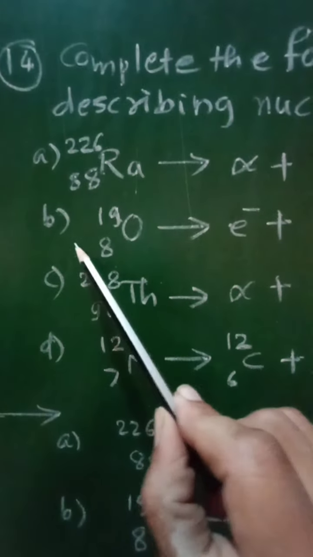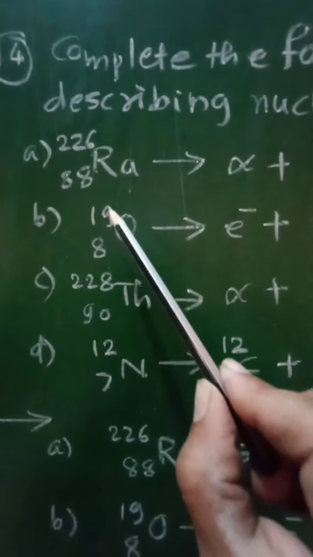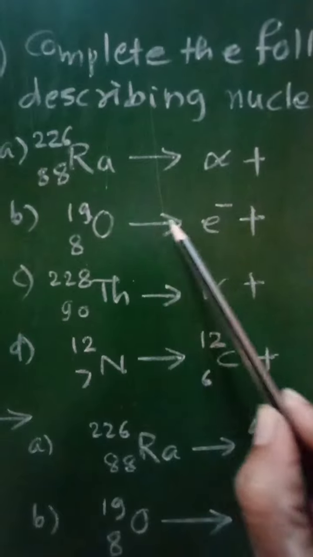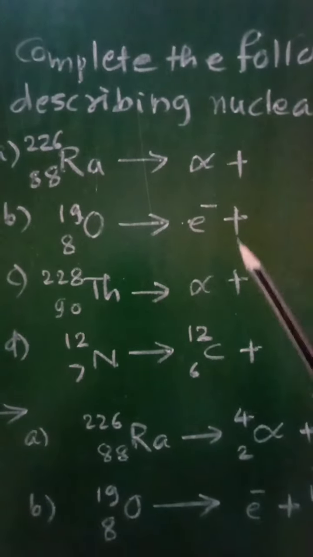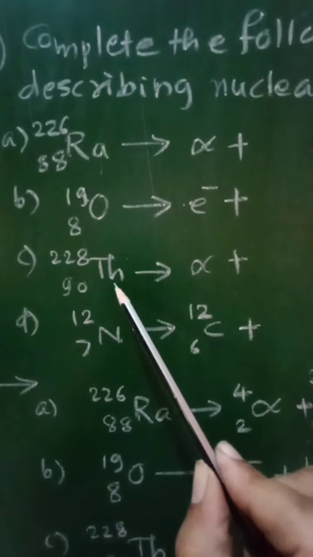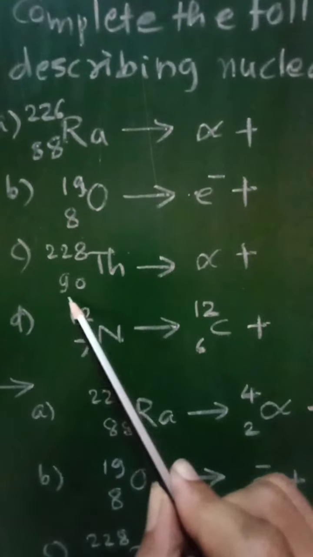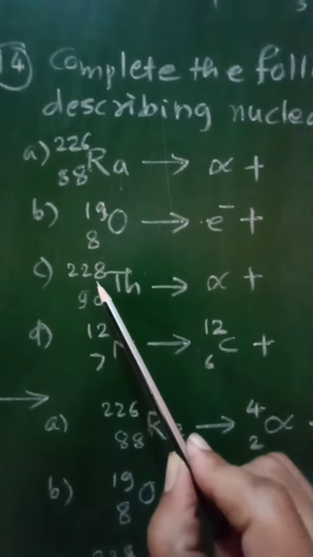For the second, oxygen O, having atomic number 8, mass number 19. When it undergoes decay, it gives 1 electron, that is beta particle, plus. Then C is for thorium, having atomic number 90 and mass number 228.